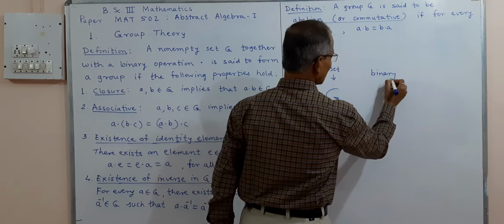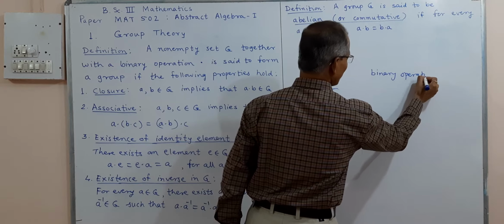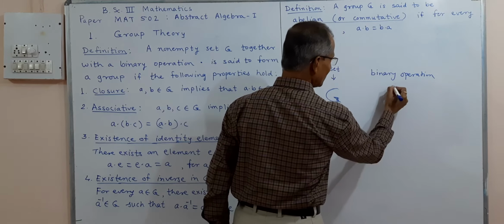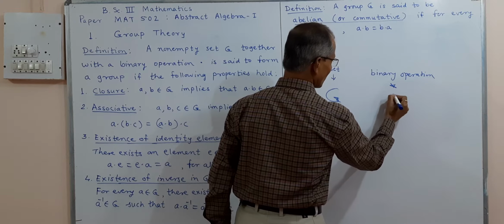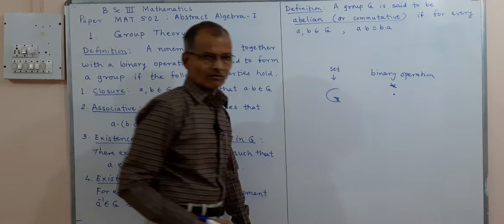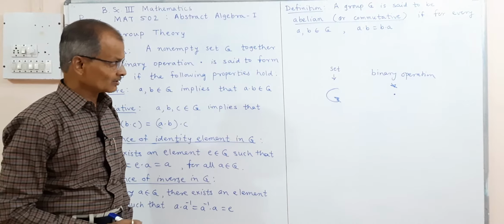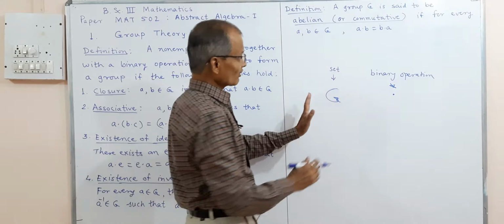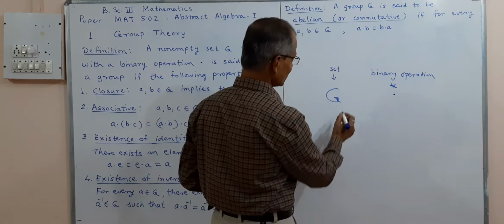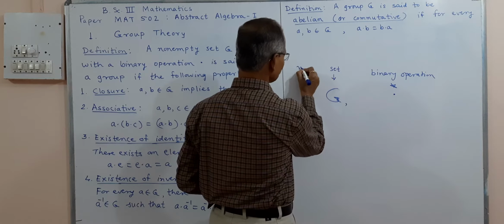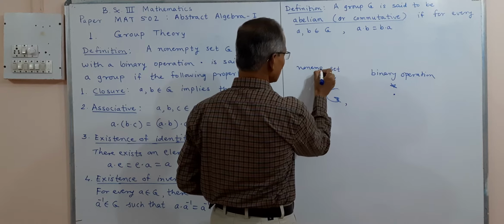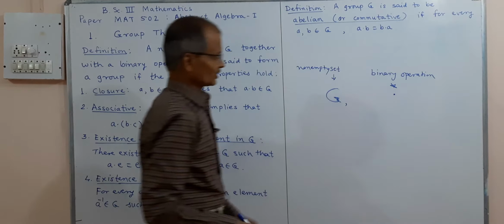The binary operation may be denoted by any symbol, asterisk or dot, or we know addition, subtraction, multiplication are also binary operations. And thus for defining a group we require two things: one is a non-empty set and another is a binary operation.